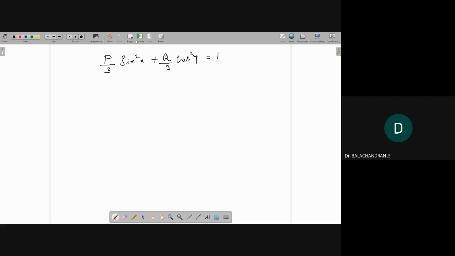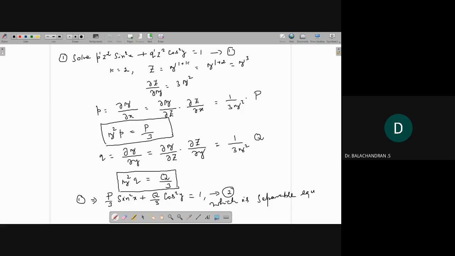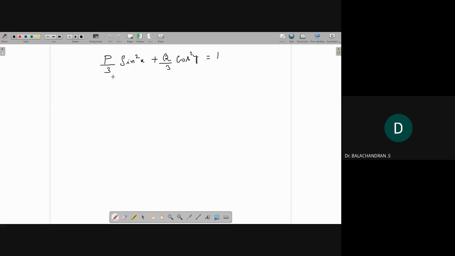Okay, now just multiply throughout by 3, you'll get capital P into sine square x plus capital Q into cos square y equal to 3.